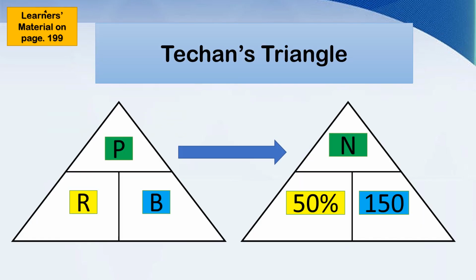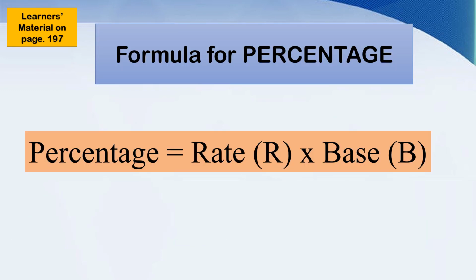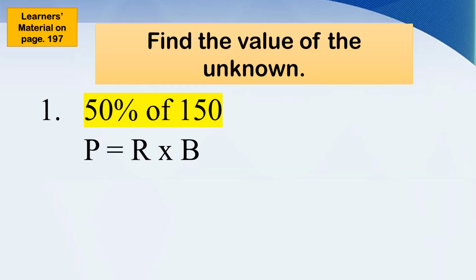Using the Tetcham's triangle, we will just plug or substitute the values inside the triangle. P is N, R is 50%, B is 150. The formula in finding the percentage is equal to rate times base. Let us substitute the given in the formula.